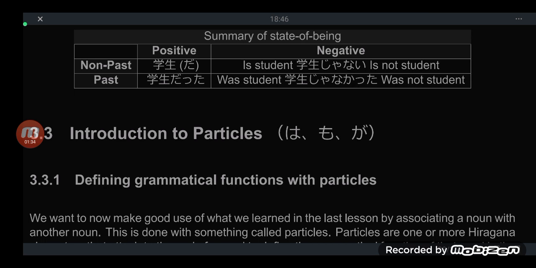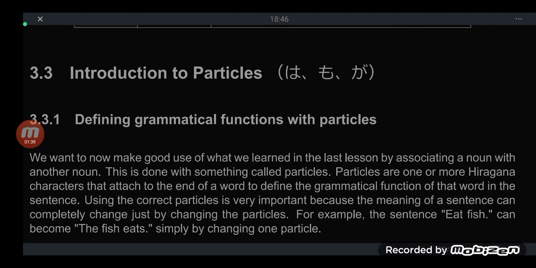Today, in the interest of time, we will be discussing the introduction to particles.